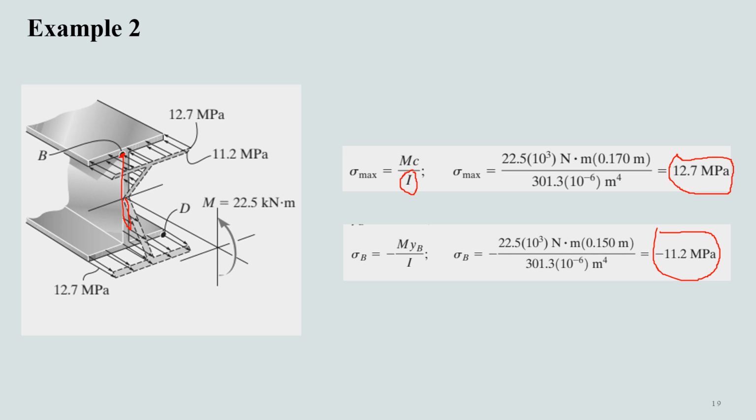So the stress will increase linearly from 0 here to a value of 11.2 megapascal at point B, and then from 11.2 megapascal it will further increase to 12.7 megapascal at the topmost fiber of this flange. Thus in this way we have determined the stress distribution along the whole cross section of this beam.